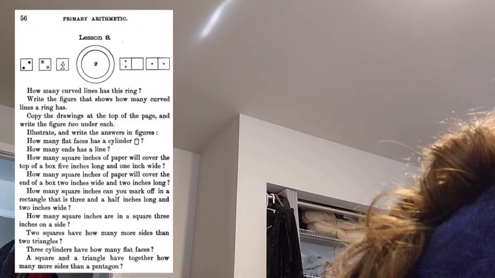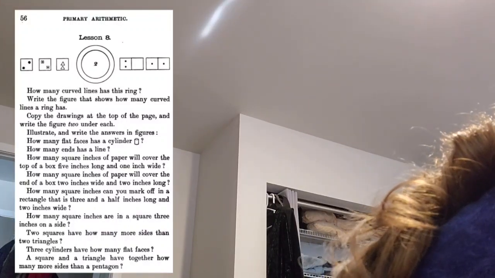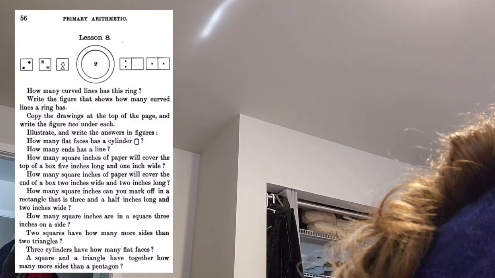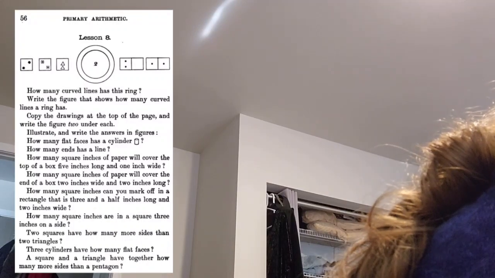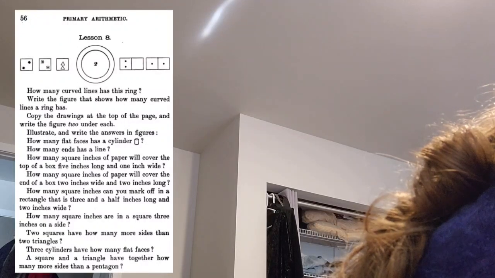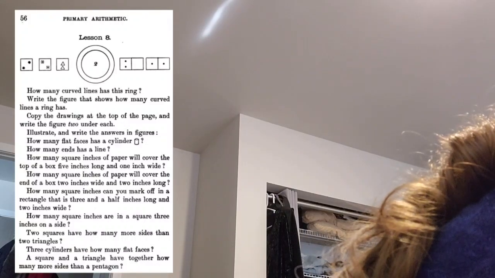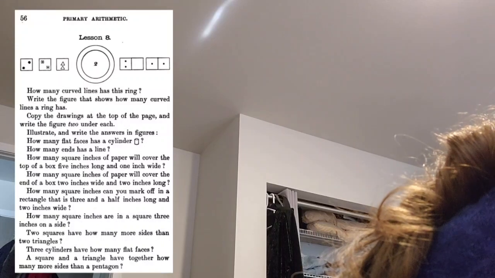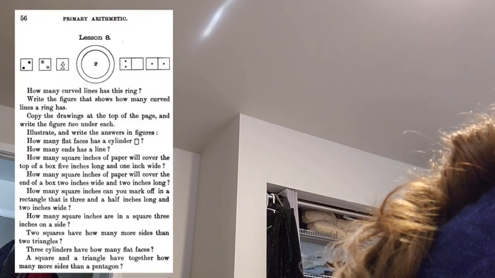Illustrate and write the answer in figures. How many flat sides has a cylinder? Oh, and then it has a picture of a cylinder, I think. It has 2 flat sides. How many ends has a line? 2 ends has a line.